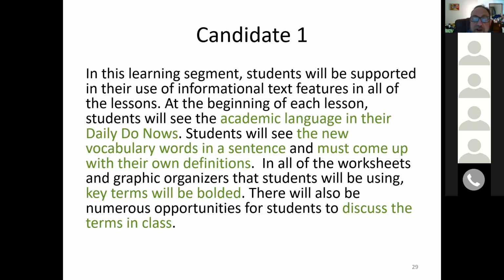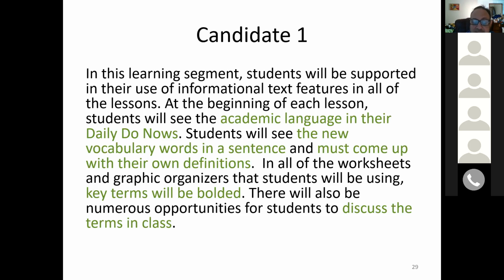Okay, so here we are going to have 3 different candidates who are going to compare their answer to the academic language prompt in their commentary.